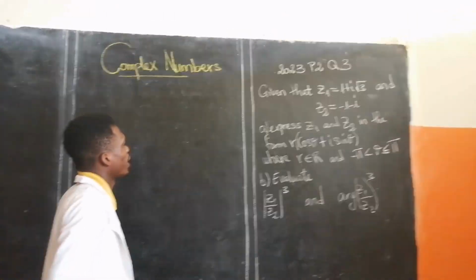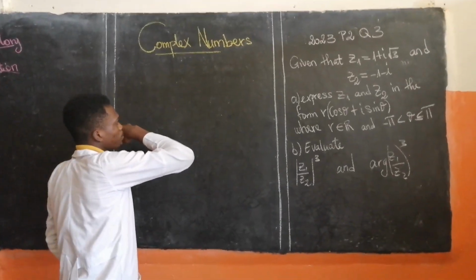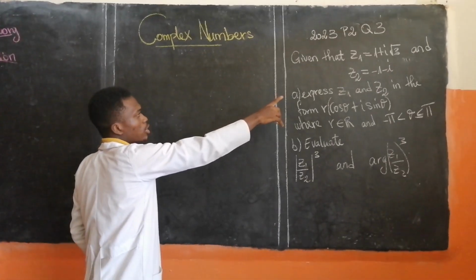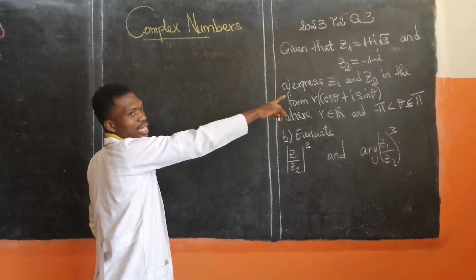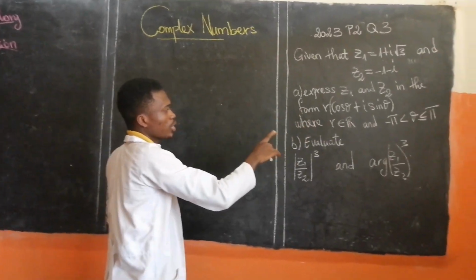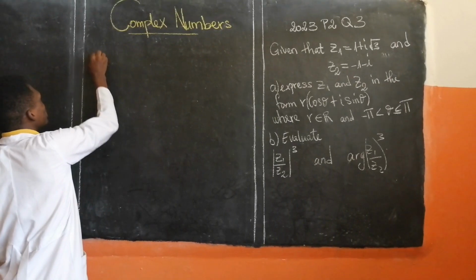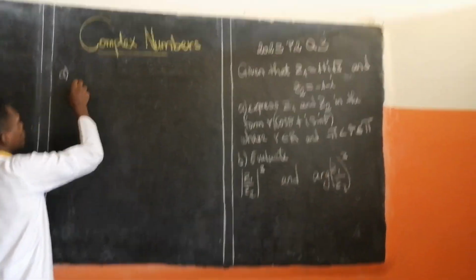Begin with question number 1. We're going to start with A. We are given two complex numbers, Z1 and Z2, and we are asked to express Z1 and Z2 in the form R cos theta plus I sin theta. We're going to start with Z1.